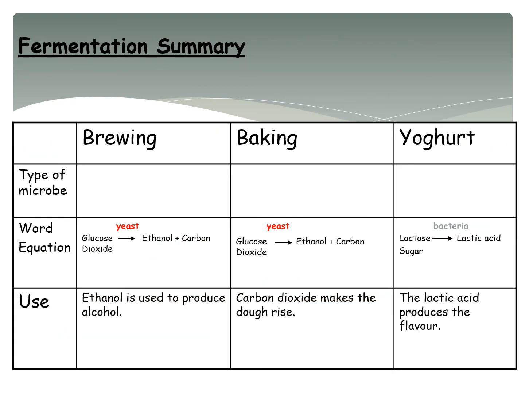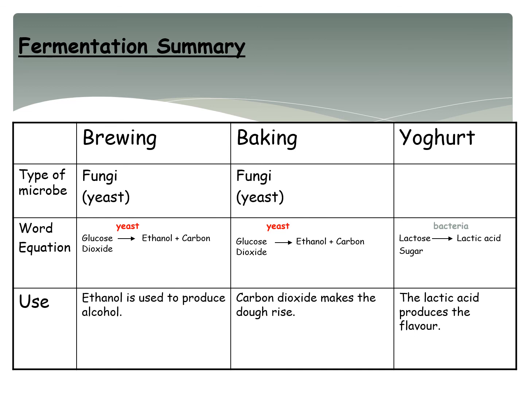So to summarize fermentation, you would need to draw this table for in the case of microorganisms. So your type of microbe that would be used in brewing would be your yeast and fungi. So the important part would be your glucose is converted to ethanol, and then ethanol would be used to produce alcohol. For baking, it would also be your fungi yeast.